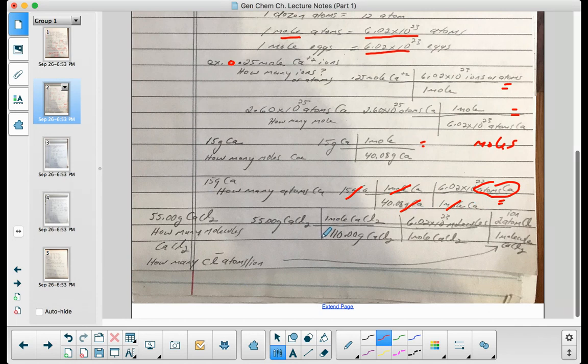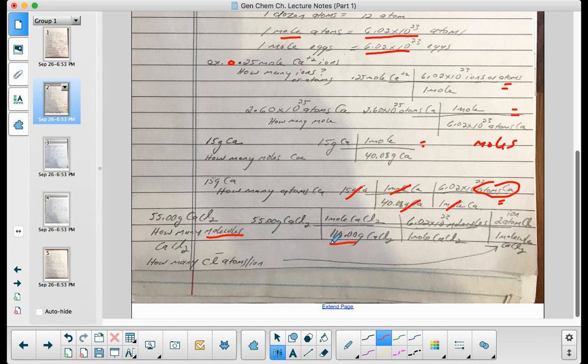And then what if I went even a little bit further, and I said, all right, what if I had 55 grams of calcium chloride? And I said, how many molecules would that be? I'm going to start out my calculation the same way, but this time I'm not going to use just the atomic mass as I did here. I'm going to use the molar mass of calcium chloride. That's 1 calcium plus 2 chlorides added up.